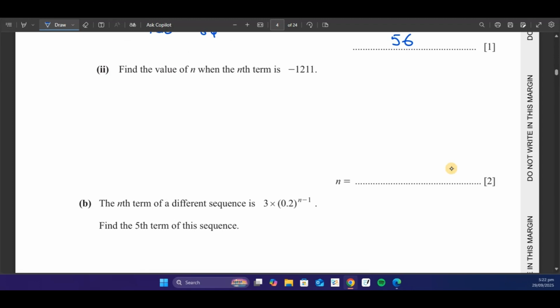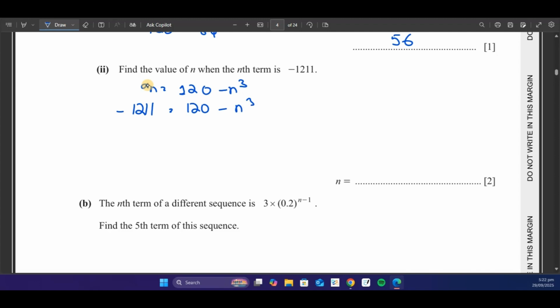Alright. Find the value of n when the nth term is minus 1211. Okay, so we need to find the value of n. We know the nth term already. So the nth term is minus 1211, which is 120 minus n cube, but we don't know the power of n.